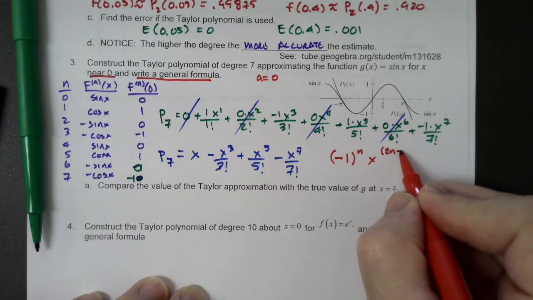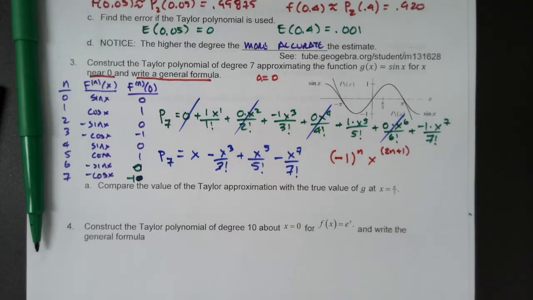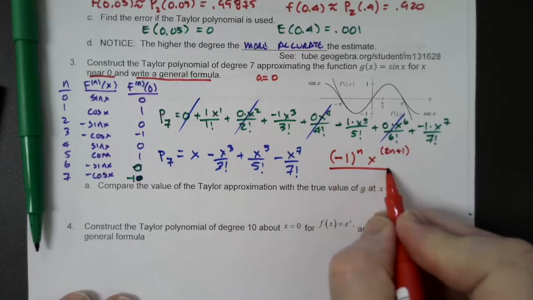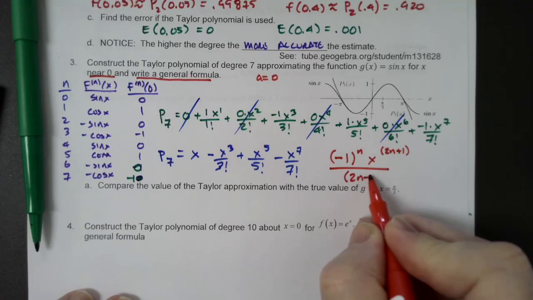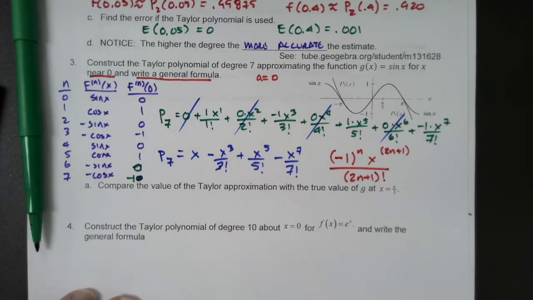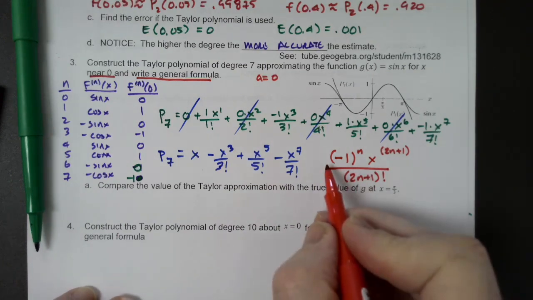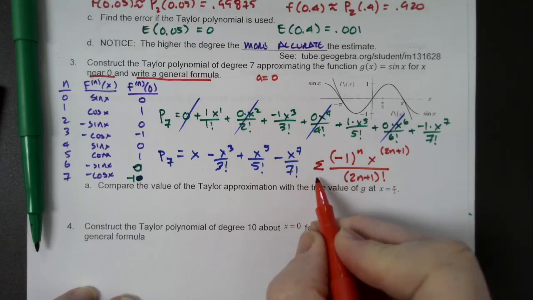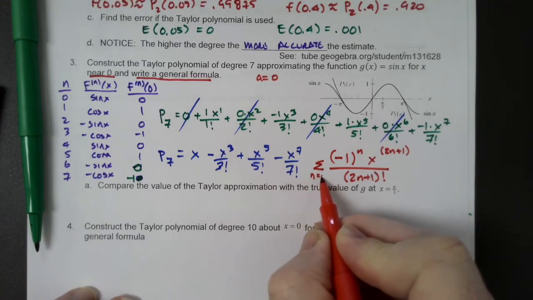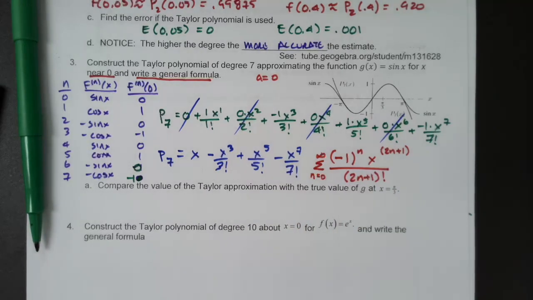And if you recall, we do 2n plus 1 to give us odd numbers. And since that's our exponent, then the 2n plus 1 in parentheses, factorial, will be our denominator. That's the general term, and we could write it as the summation from n equals 0 to infinity, and that would be the Taylor series for this sine of x.